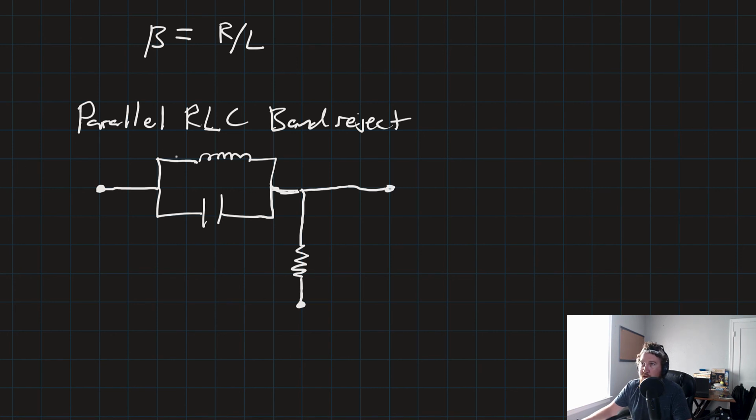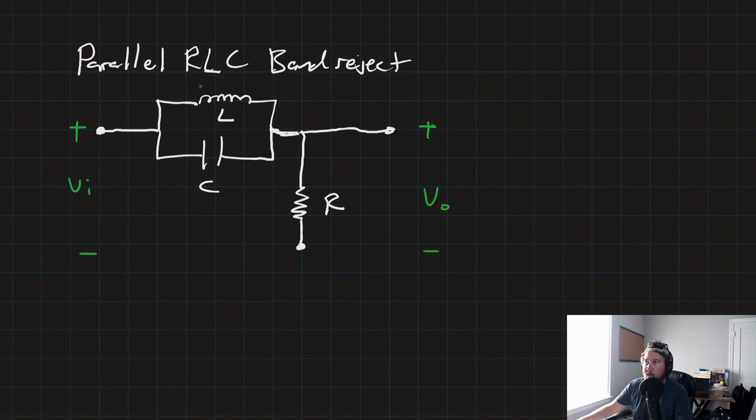And then the output node, that's kind of a messy drawing. But we've got L, we've got C, we've got R, and then we have plus minus V in and plus minus V out.